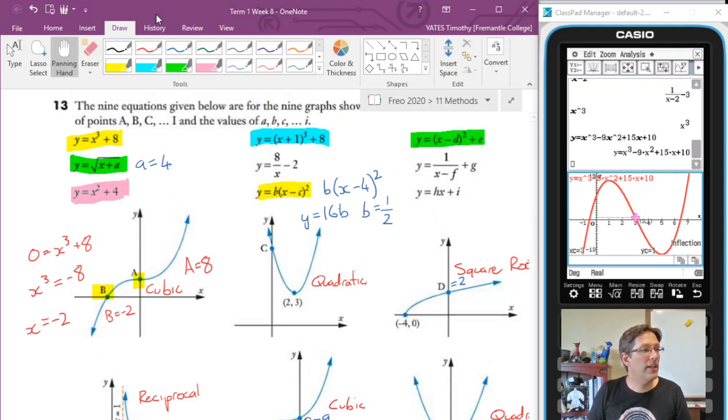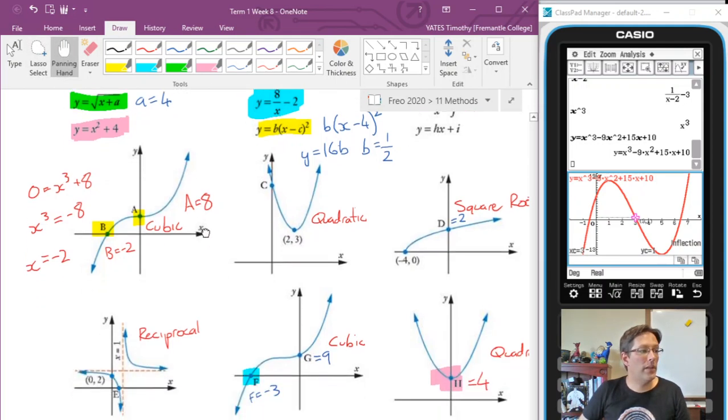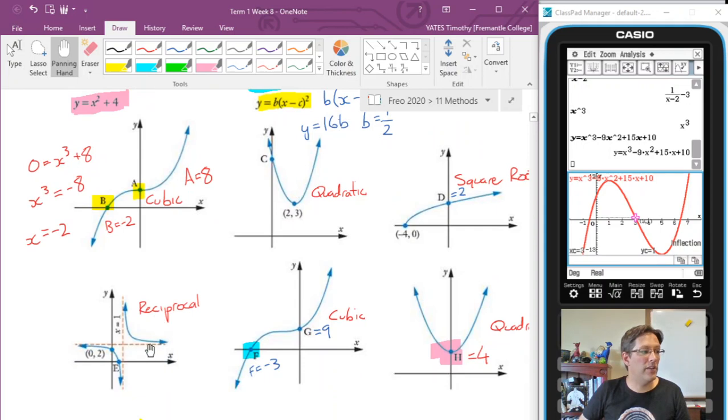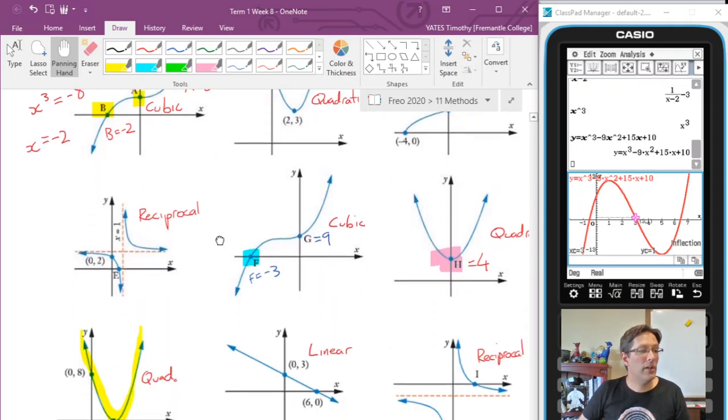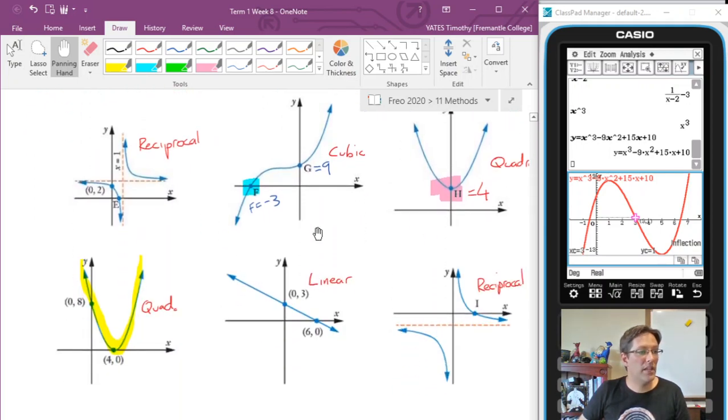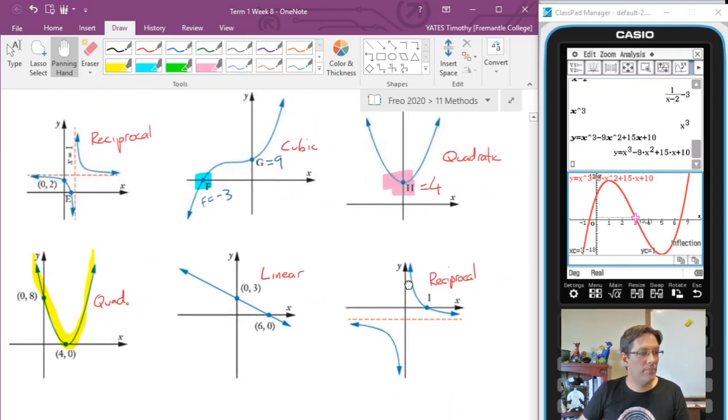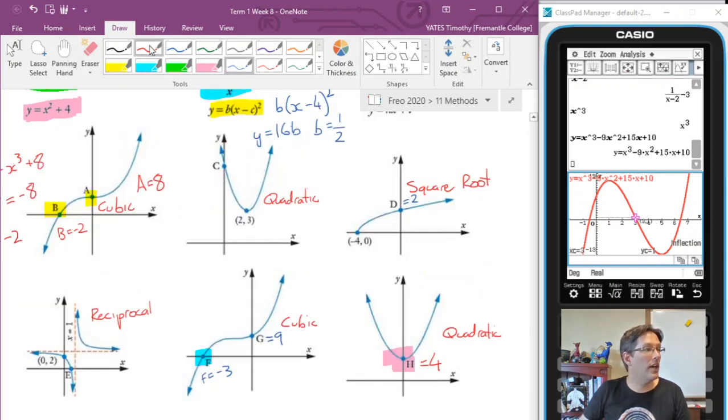So a few left. This is one of our reciprocals, and it has been dilated and then shifted down by 2. So let's look for one that's not going to be this one that's been shifted to the right. It's going to be one that's just been shifted down. Here we go, it's been shifted down by 2. What color did I do for that one?